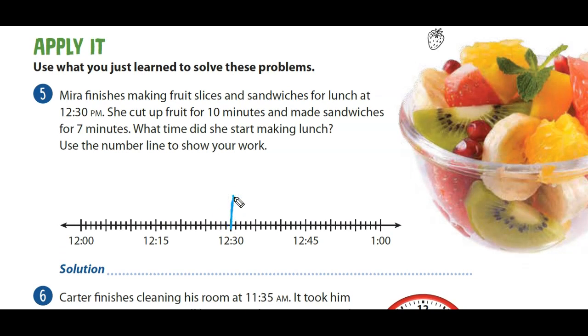She cut up the fruit for 10 minutes and made sandwiches for 7 minutes. What time did she start making lunch? So she ended at 12:30, right? And how long did it take her to cut up the fruit? 10 minutes.